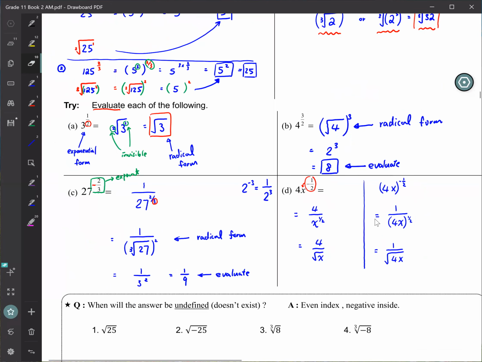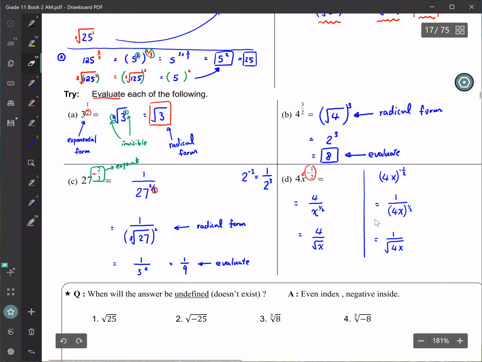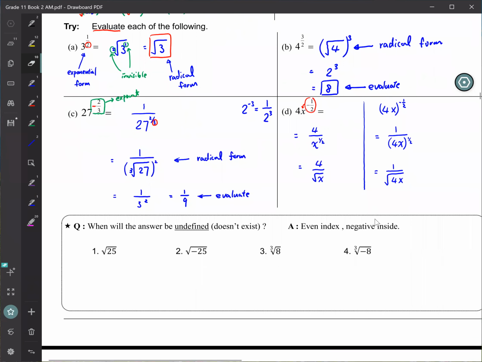Okay, last thing. Now you understand that the denominator is the index. There are some situations where the answer is undefined, since when you get a radical, there are scenarios where you can get undefined. So let's look at the following 4 examples. When will the answer be undefined? Undefined means there's no answer.